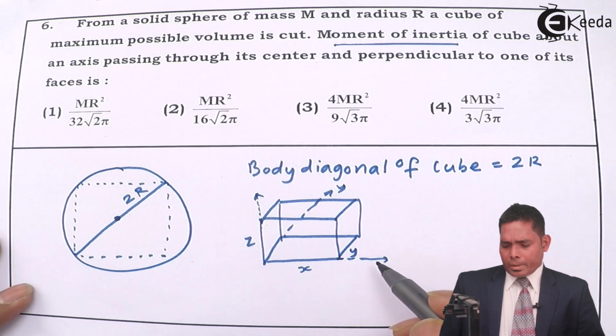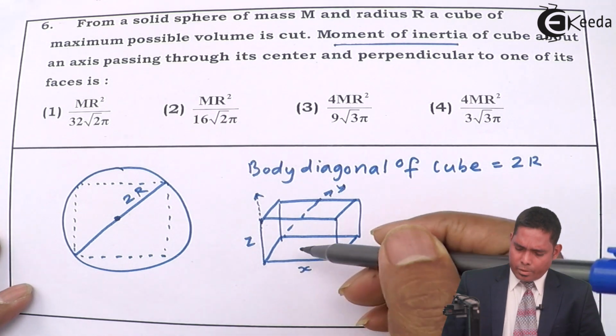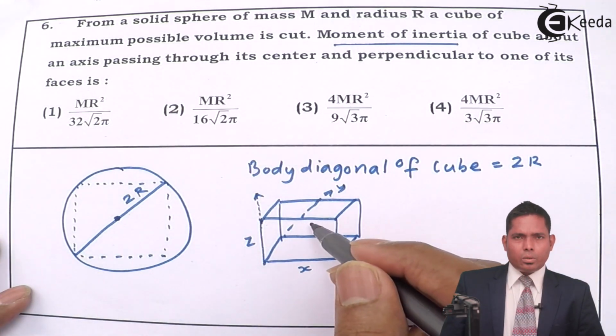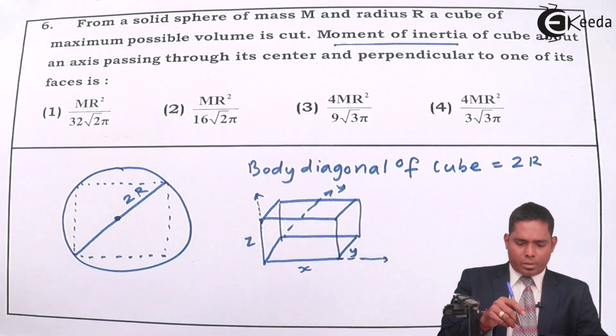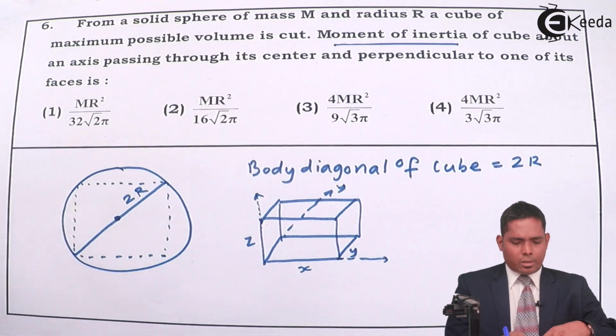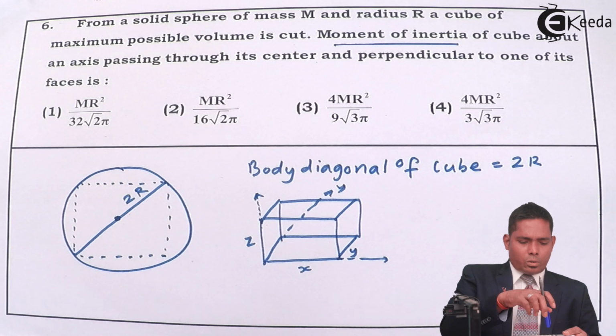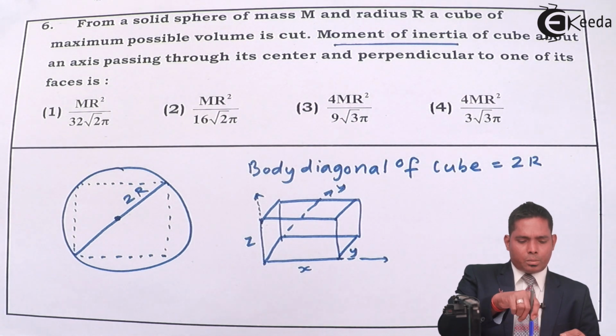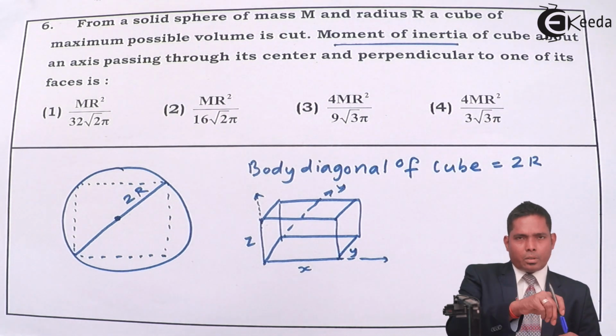Now you have to find the moment of inertia about the axis passing through the center and perpendicular to the face.